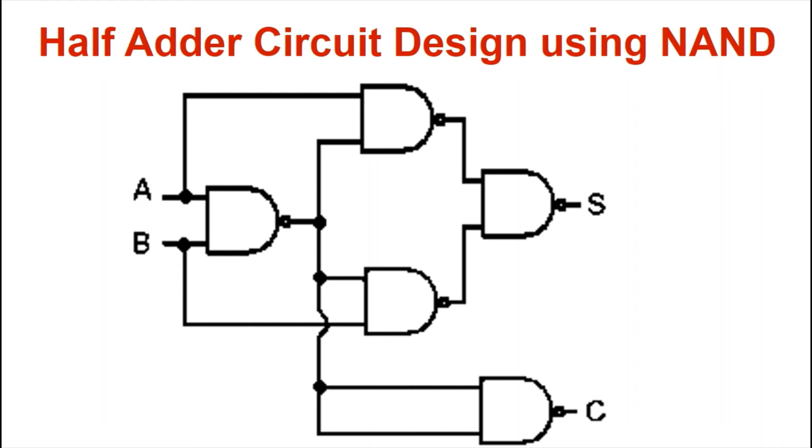First of all, the A and B inputs are connected to a NAND gate. Then after that we take two separate NAND gates. One NAND gate has one input as A and the other input is the output of the first NAND gate. Similarly, we have another NAND gate where one input is B and the second input is the output of the first NAND gate.